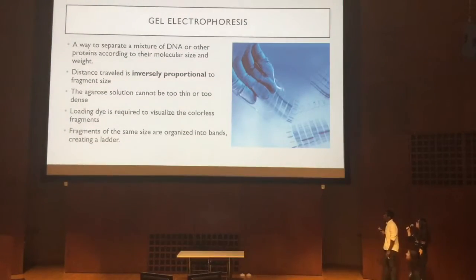So the method of gel electrophoresis. This is a very common way to separate a mixture of DNA or proteins according to their different molecular size or weight. At first, the negatively charged DNA starts at the negative end of the electrophoresis chamber, while an electric charge pushes DNA fragments through a porous agar solution.